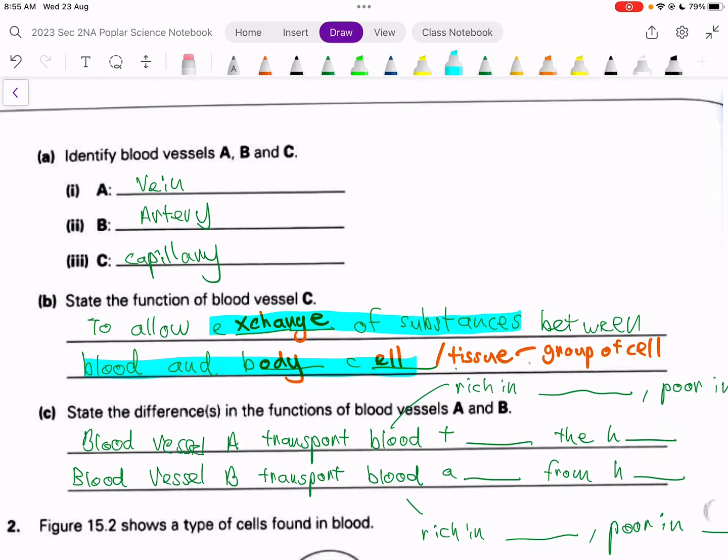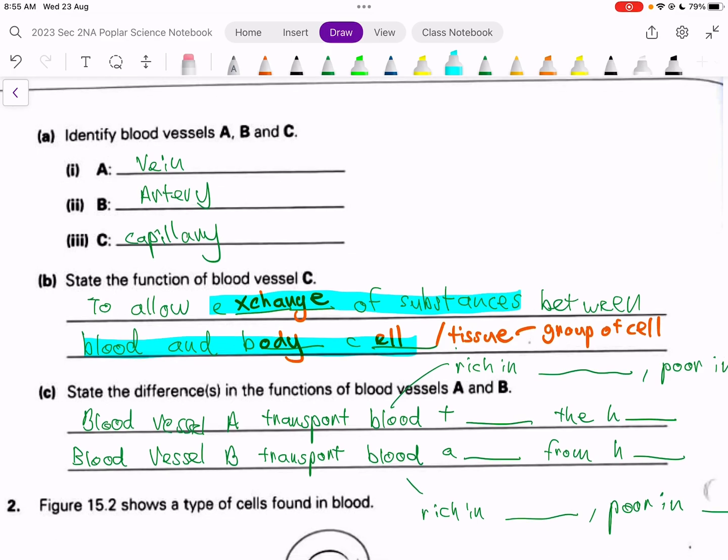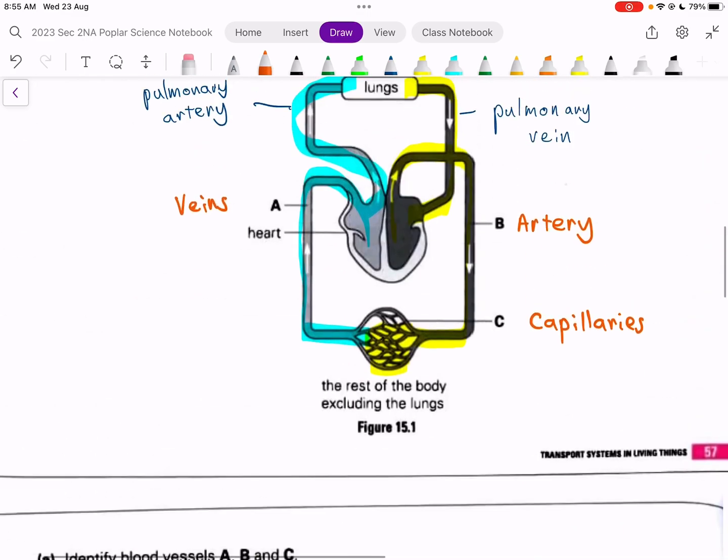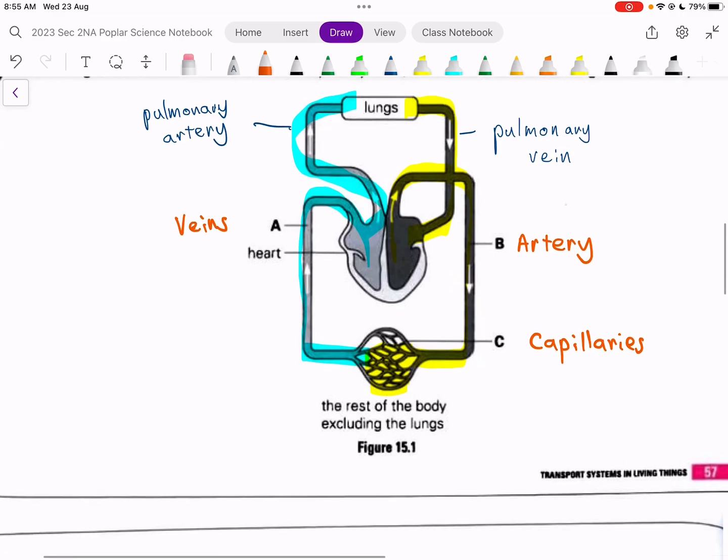Next one, state the difference in the functions of blood vessels A and B. Blood vessel A transports blood, A is your veins, back to the heart, then B is away. It's very clear this one is away, this one is back to your lungs.